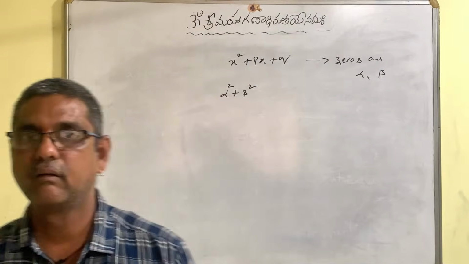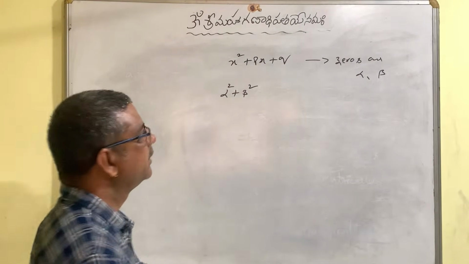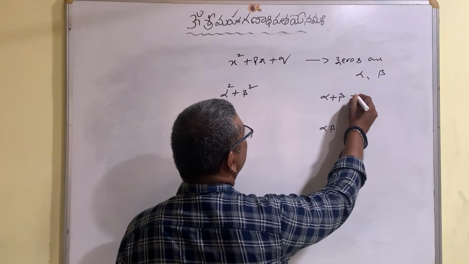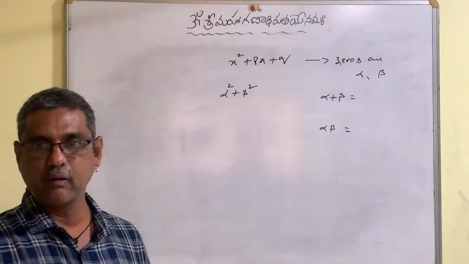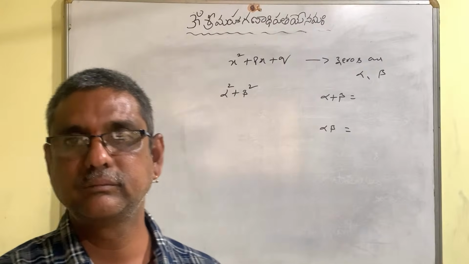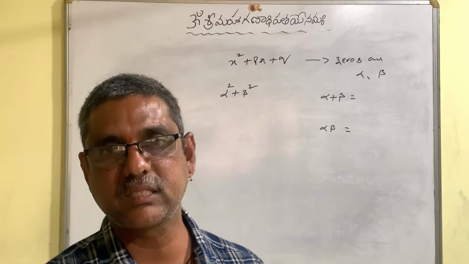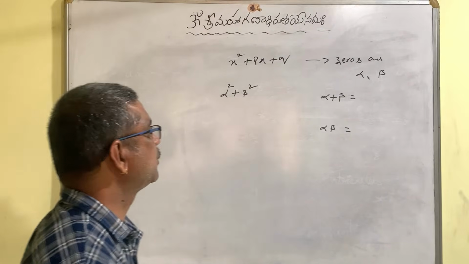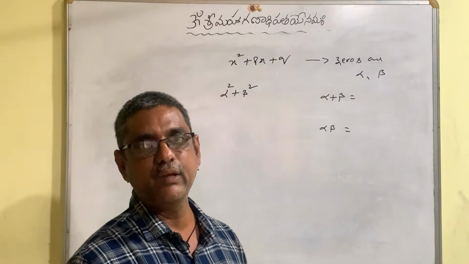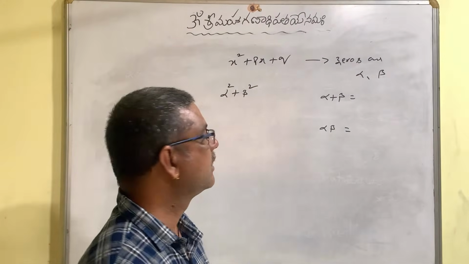Now, whenever you are given a polynomial like this with unknown coefficients, immediately you have to assume its zeros as alpha and beta, and write down the alpha plus beta value and alpha beta value.